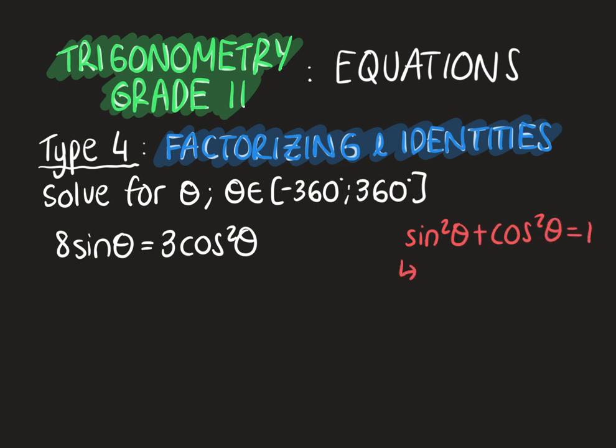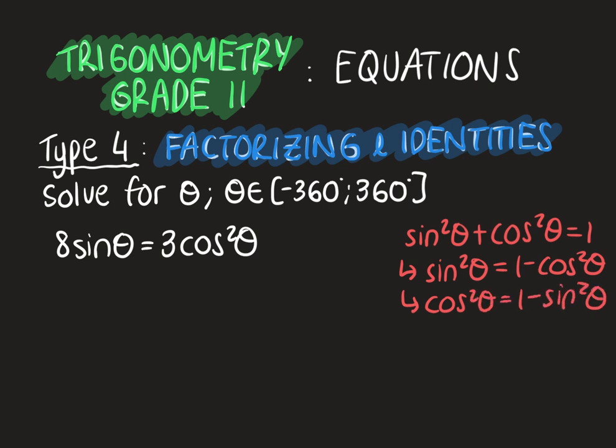So that means that can be adapted to make certain things the subject. So sine squared theta is equal to 1 minus cos squared theta, and cos squared theta is equal to 1 minus sine squared theta. So I'm looking at that and I'm having a look now at this. This cos squared theta can change. So let's do that. Let's change it into the 1 minus sine squared identity.